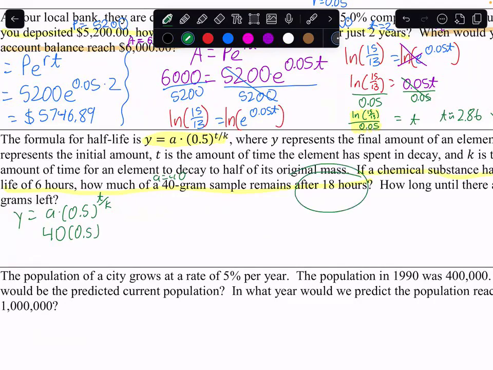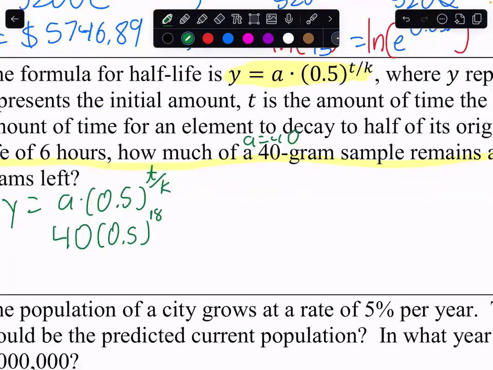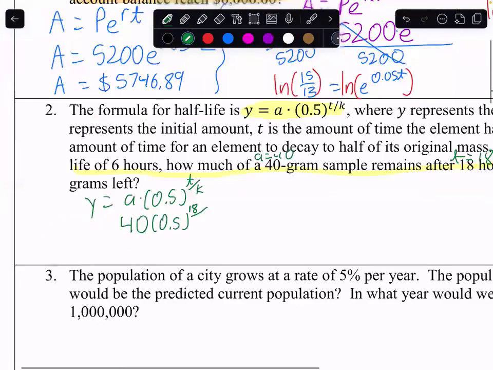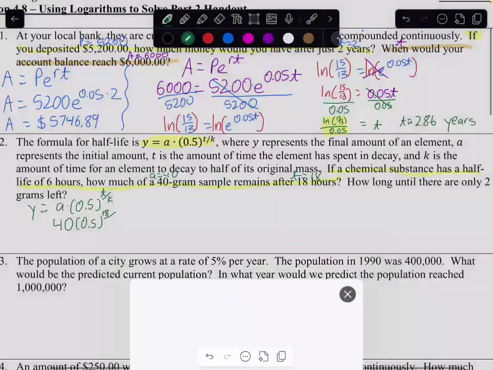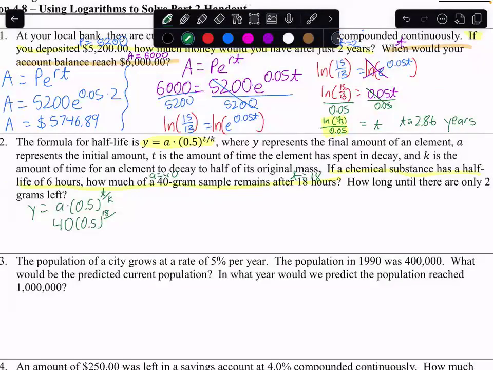There have been 18 hours that passed, so the time t is 18. k is the amount of time known as the half-life. So it tells you right here, half-life of 6 hours. So k is 6.